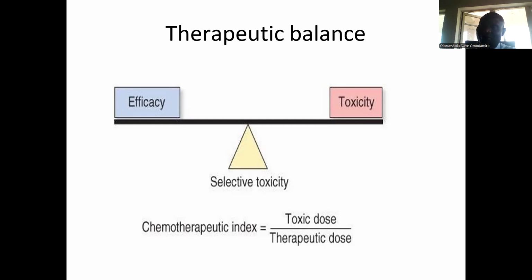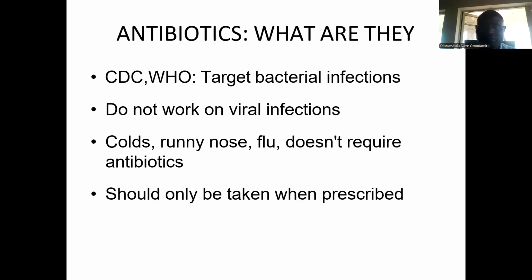It's toxic to the microorganism, but it has a harmless effect on the whole cells. The therapeutic index is actually the toxic dose, what you call the lethal dose, divided by the therapeutic or efficacious dose. That is how to calculate the therapeutic index of the drug, the antibiotic.